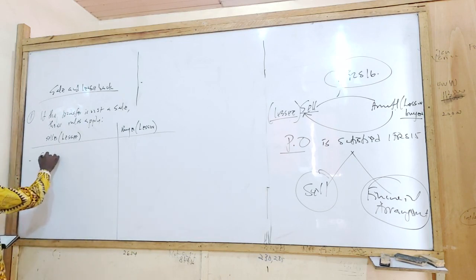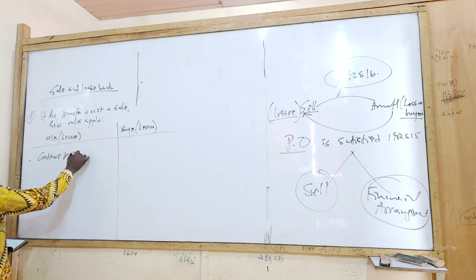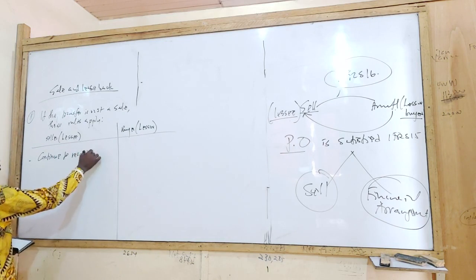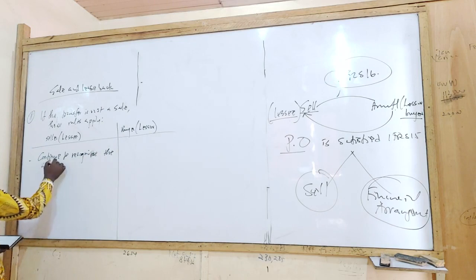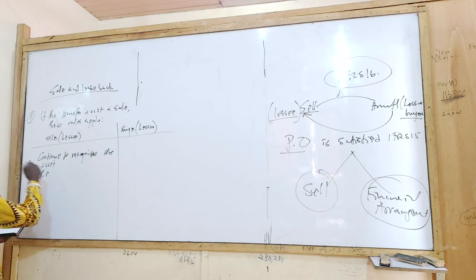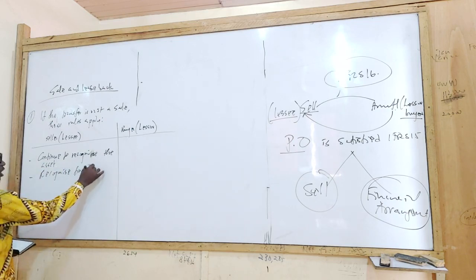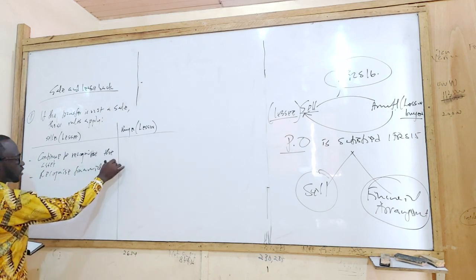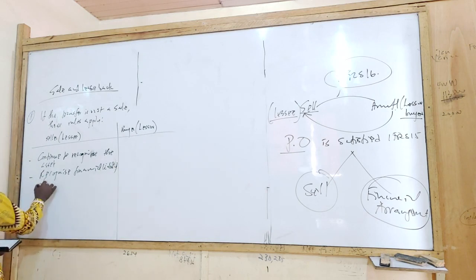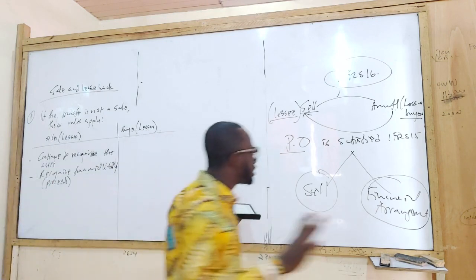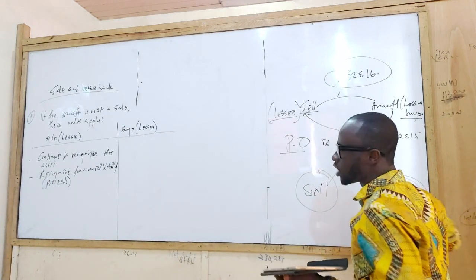The seller or lessee continues to recognize the asset, but must also recognize a financial liability, which in this case is the proceeds. That's it. So it is not a sale; it is a financial arrangement.